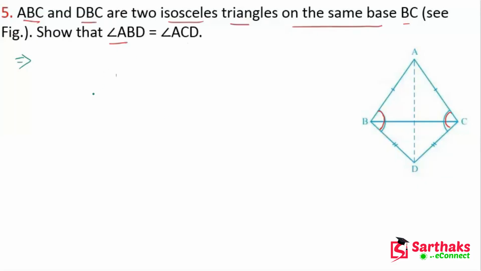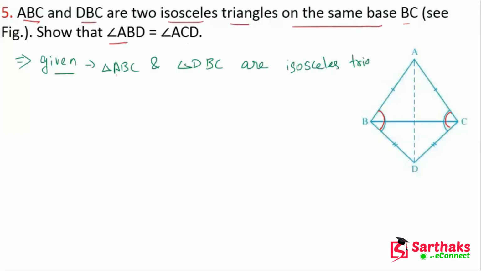So in the question it is given that ABC and DBC are two isosceles triangles. So the given part is: triangle ABC and triangle DBC are isosceles triangles.